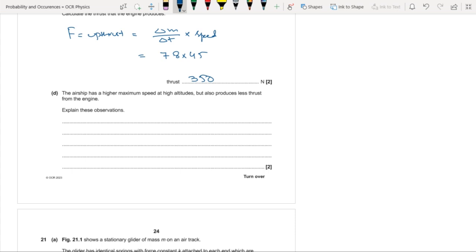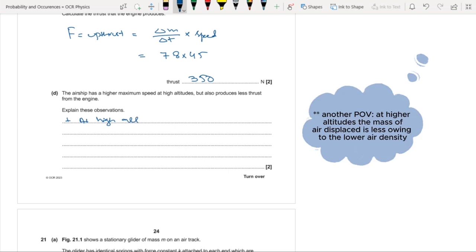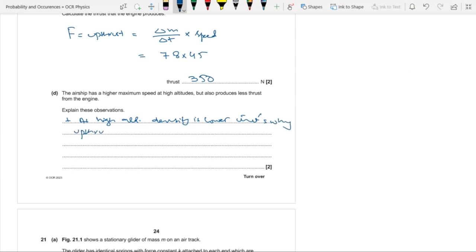So since we know that the upthrust is directly proportional to the density, that's why at higher altitudes the thrust is less. Density is lower. That's why upthrust is also low.